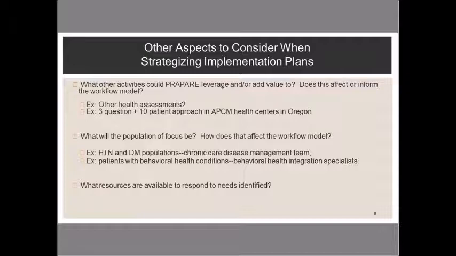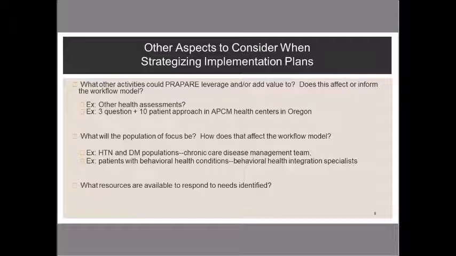Another thing to consider is if you will have a population of focus. Some may decide that you want to just do it across your general population, and that's great because we've had experiences with some organizations that if they choose a subset of a population, they find the needs of that subset, but it may not be indicative across the entire population.